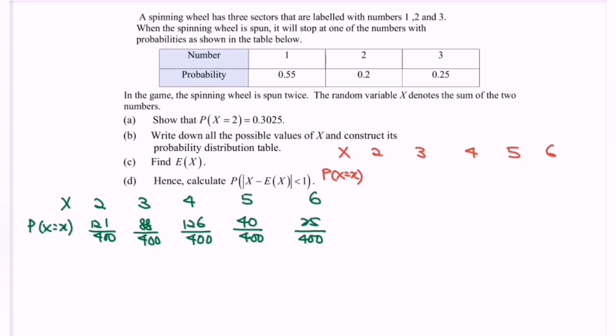So the answer is still the same, 121 over 400, after we simplify. Next, for the situation 88 over 400, the answer will be 11 over 50. Continue, 126 over 400, so the answer will be 63 over 200. Then we have 40 over 400, so we have 1 over 10. Then for the 6, we have 25 over 400, so the answer is 1 over 16. So that will be the probability distribution table in fraction form. If possible, you may express your answer in decimal form as well.